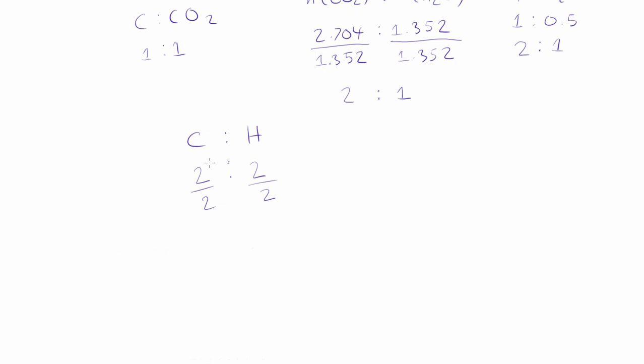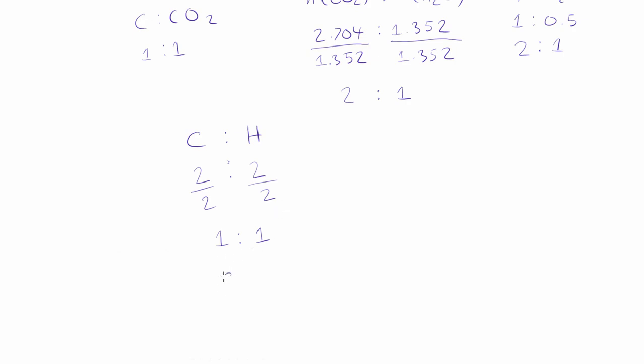And so that is going to give us 1 and 1, right? Is this now our simplest whole number ratio? The answer is yes. This is now our simplest whole number ratio. I'm going to add coefficients in here, just to show the corresponding numbers, but in the final answer, I'm going to remove them.